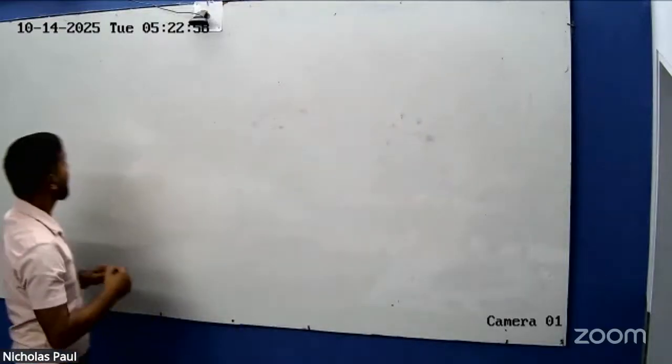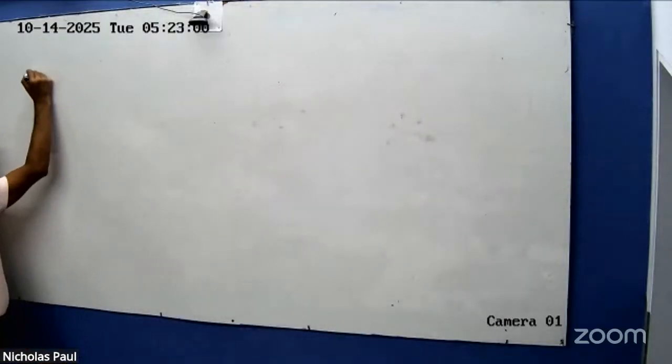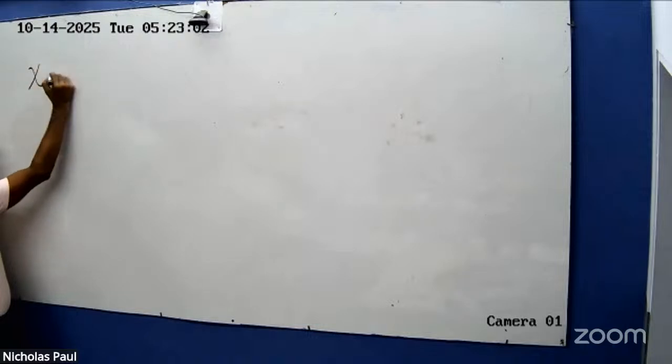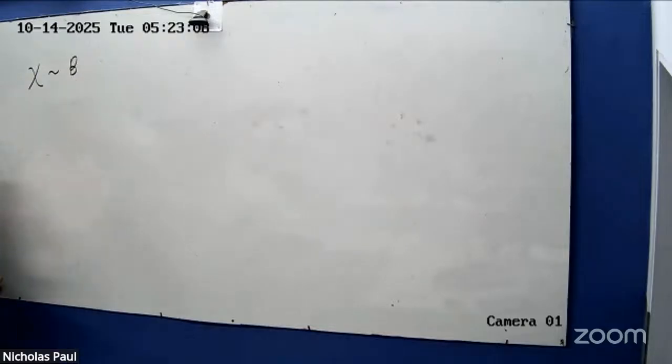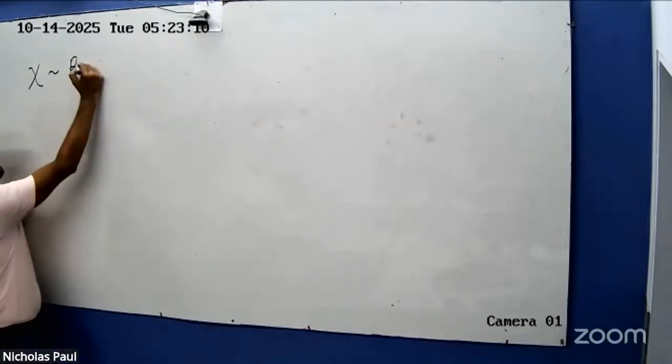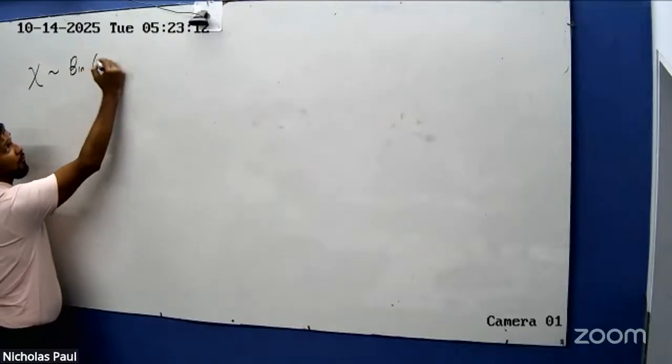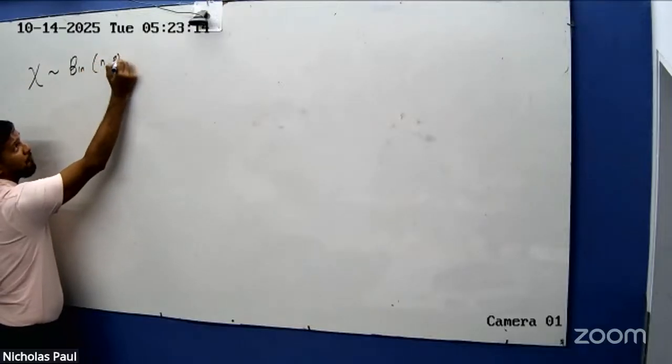Here's how you're going to write it. A distribution X follows, that symbol means follows, a binomial. You could write B or you could write Bin with the two parameters, n and p.